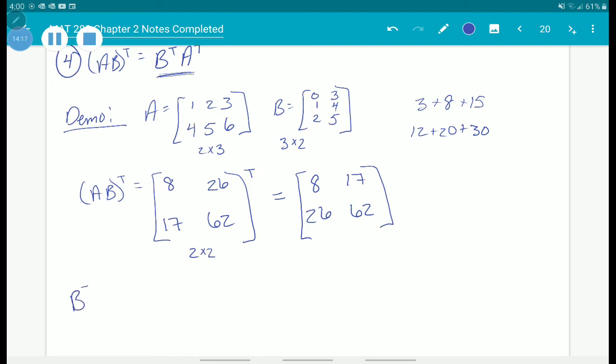Now let's find B transpose A transpose. So B transpose would end up being a 2 by 3. A transpose is going to be a 3 by 2.